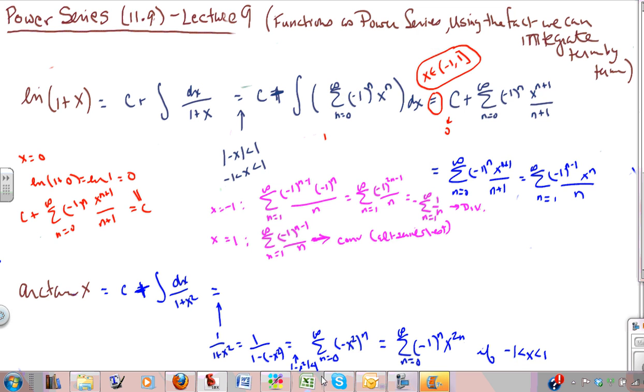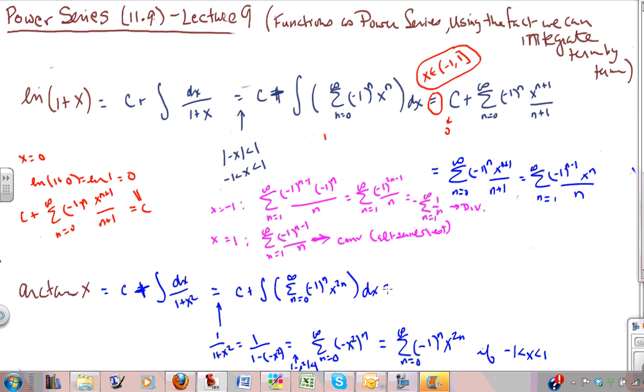So this is equal to c plus the integral of the sum from n equals 0 to infinity of negative 1 to the n, x to the 2n, that whole thing dx.